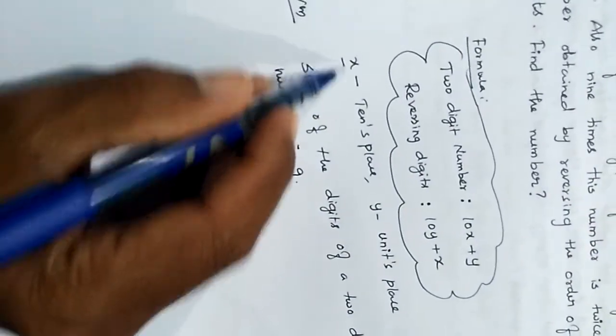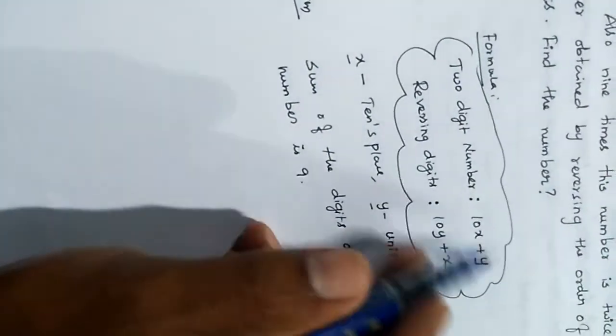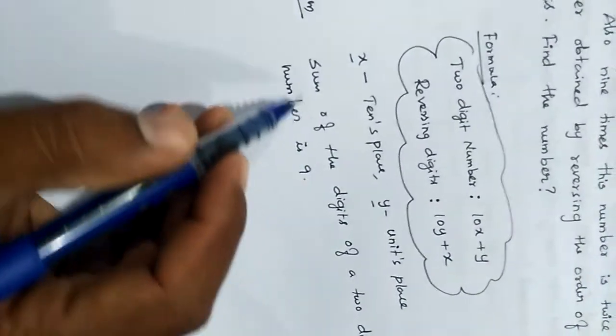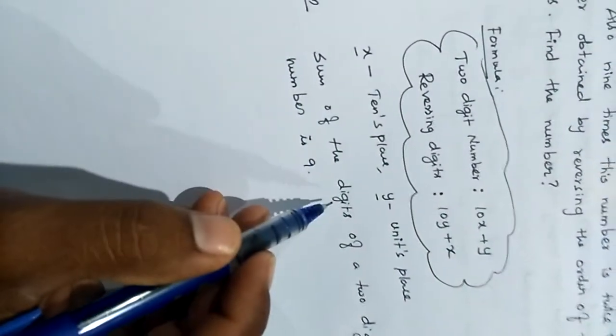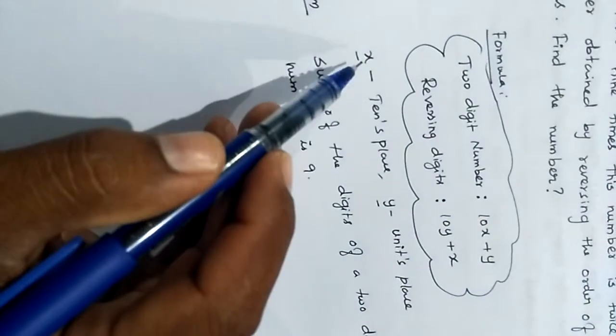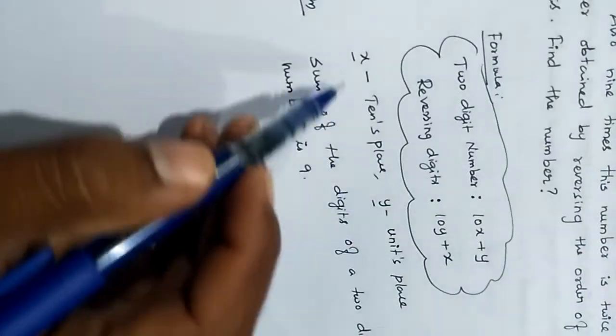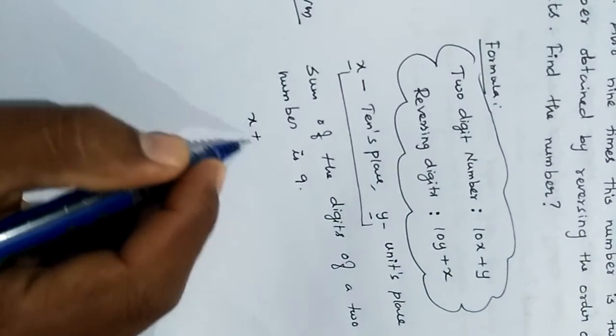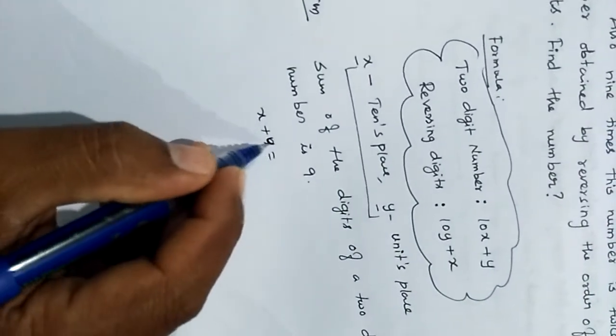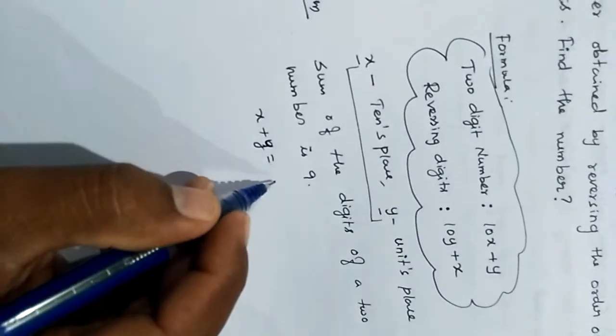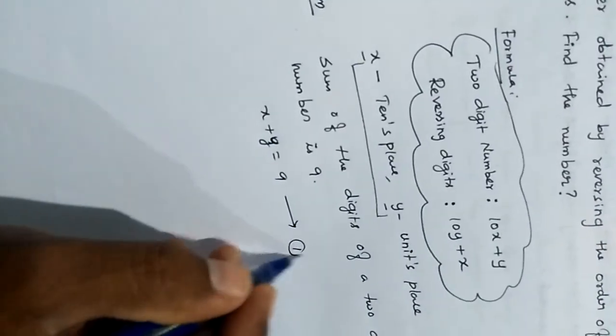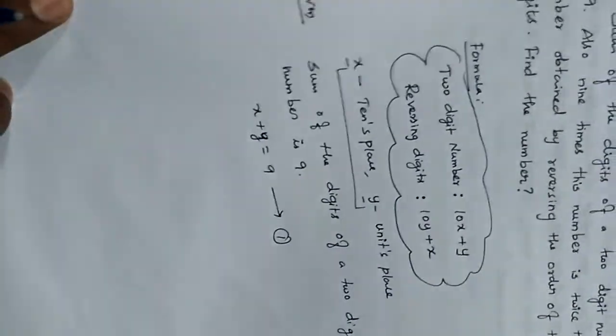X is the tens place and y is the ones place. When you add, the sum is x plus y, and we are getting 9. So this is the first equation: x plus y equal to 9.